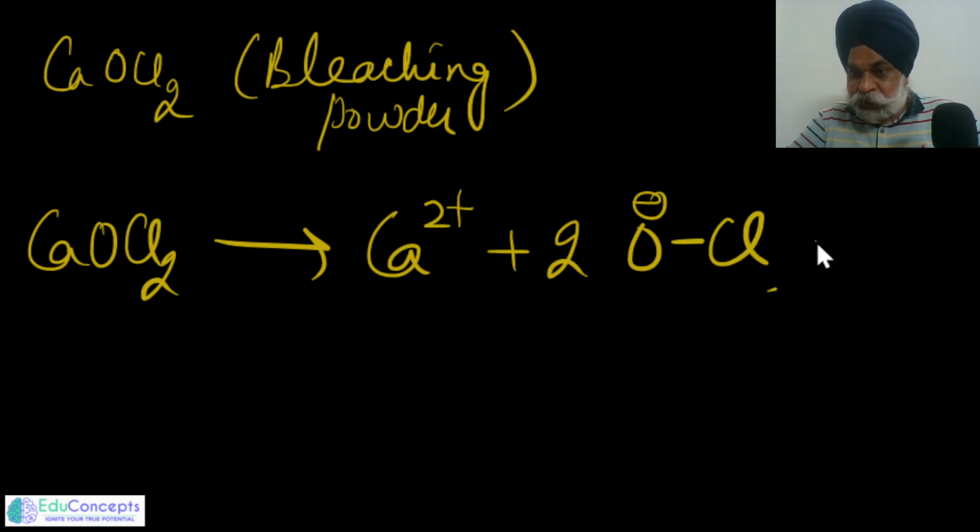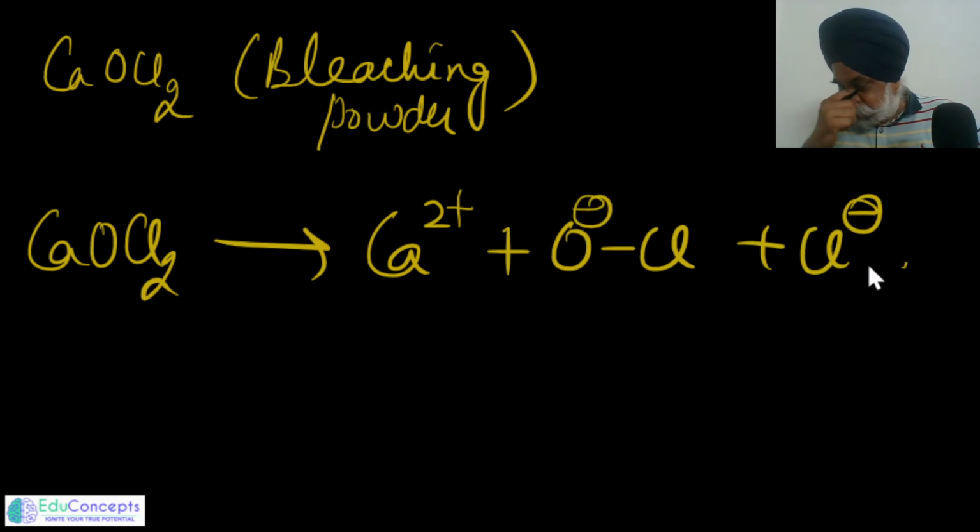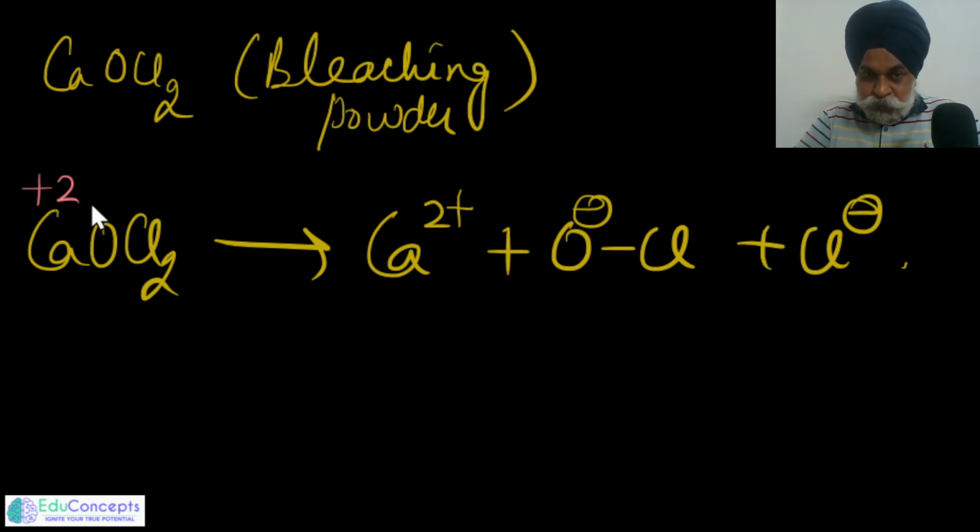Now here, on breaking this bleaching powder, you have OCl negative and Cl negative. It gets broken like this. Now the oxidation state which I would get here is +2, this is -2, and if it is +2 and this is -2, they have already become 0.